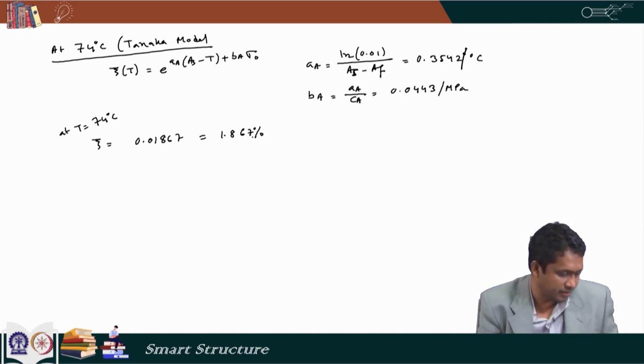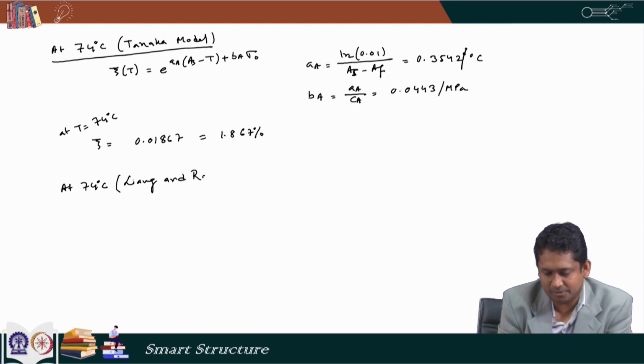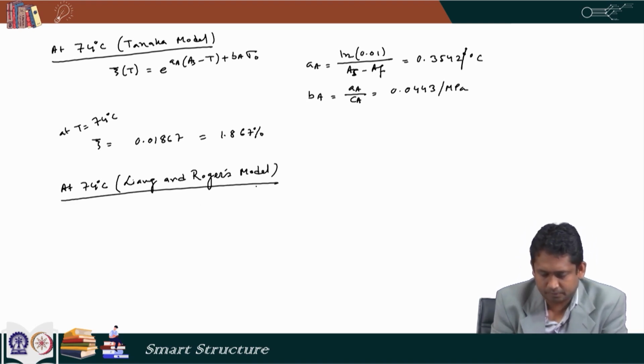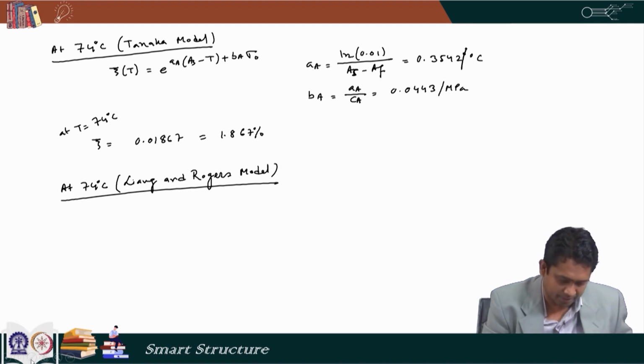So, at this same temperature, now if I find out the martensite content using the Liang and Rogers model, then it comes to be as per the cosine rule that we know from the Liang and Rogers model.